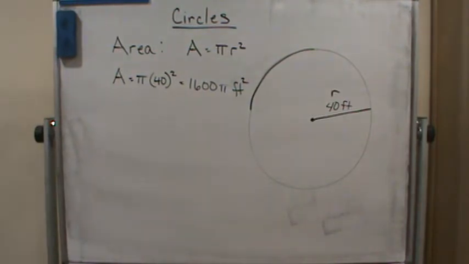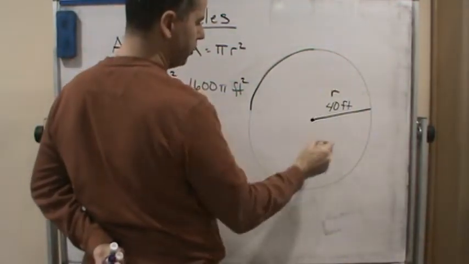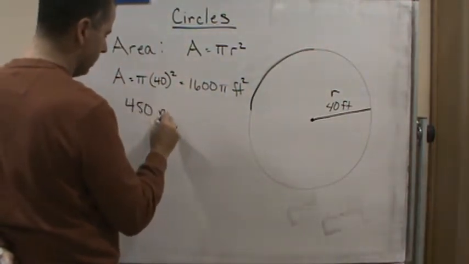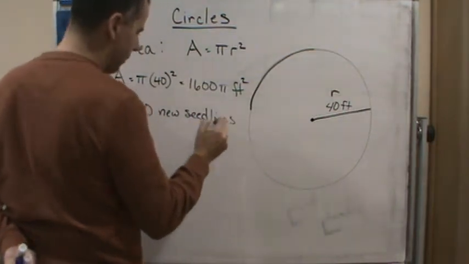Now, what do we need to do? Well, we need to find the germination rate. Well, what do we know? They tell us that what they found was within this circle, they counted 450 new seedlings, right? So all over this area, when they counted the new seedlings, they had 450 new seedlings counted.